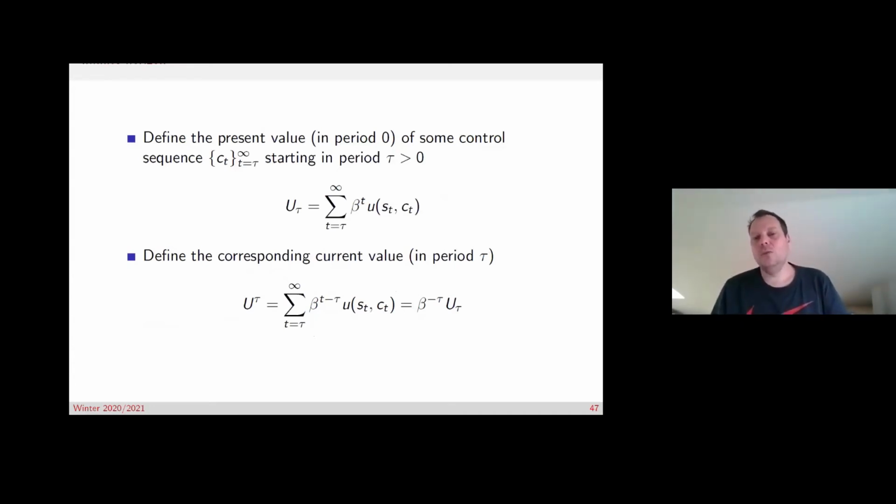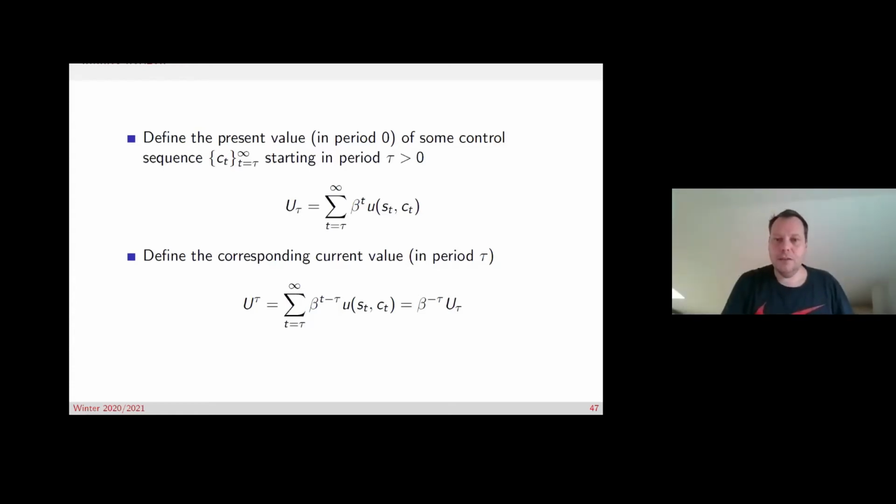How would I think today, in period 0, about the situation that I'm in period tau? This is just the discounted sum of the rest of the utilities that you would achieve starting in period tau, discounted back to today.